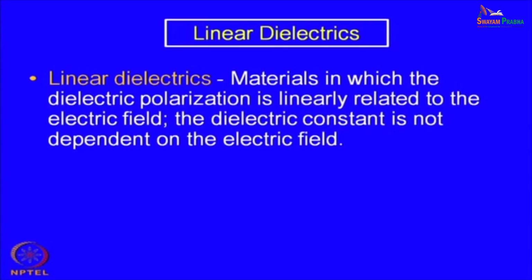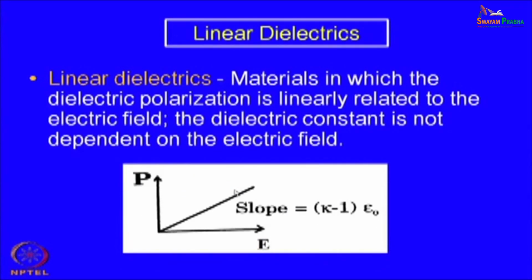The dielectric constant is not dependent on the electric field. So, the proportionality is basically the dielectric constant, and because of this linear relationship, they are called linear dielectrics because the slope represents the dielectric constant.